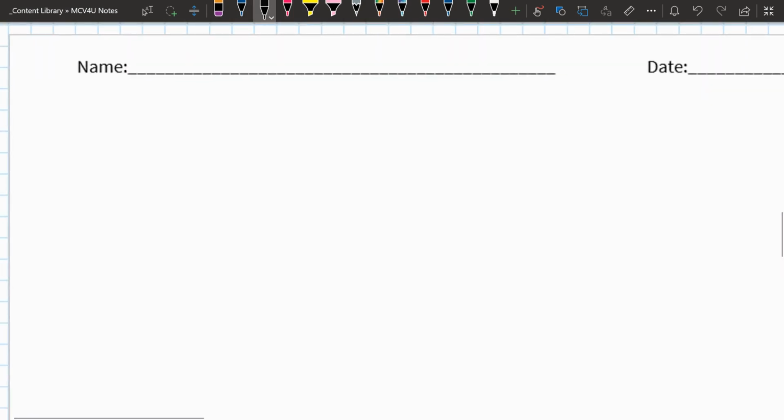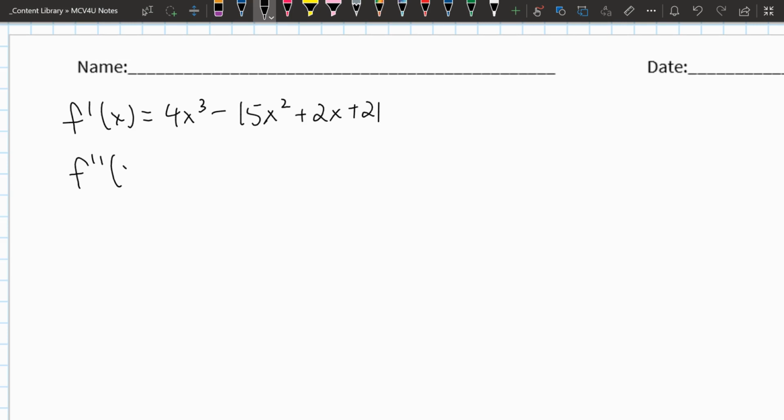So f prime x, let's remind ourselves, f prime x is 4x cubed minus 15x squared plus 2x plus 21. Okay. And then if I take the second derivative, f double prime x equals 12, 4 times 3 is 12, 12x squared.